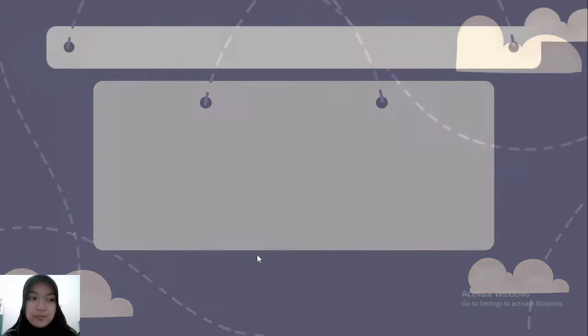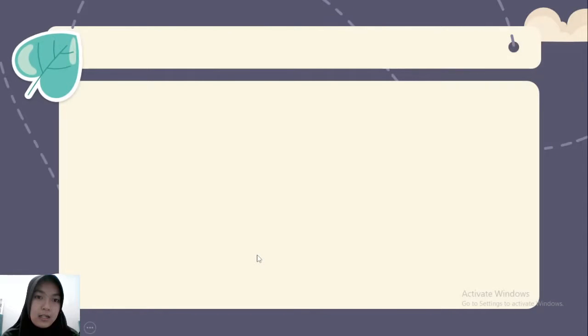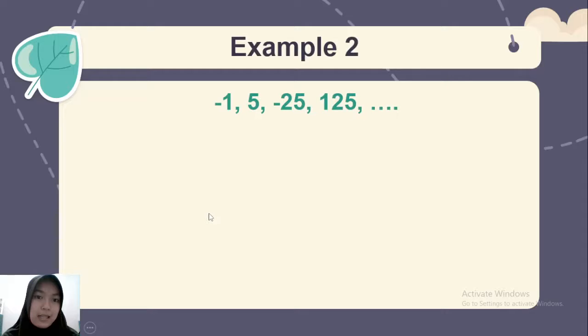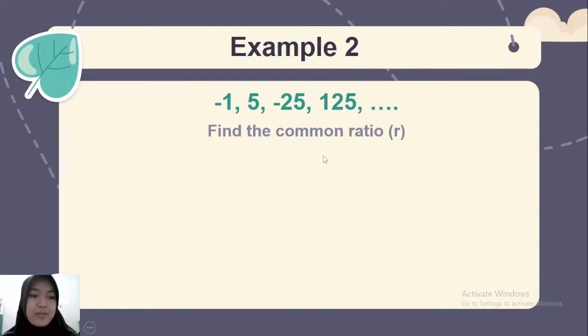Next, let us have another example. -1, 5, -25, 125, and so on. Let's compute the common ratio of this geometric sequence.